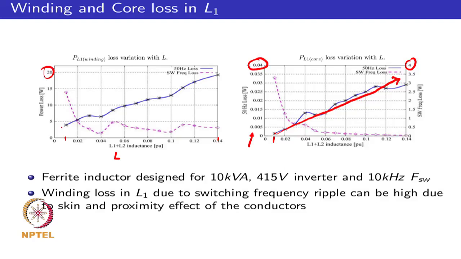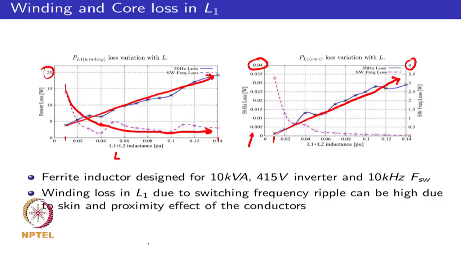If you look at the 50 hertz loss in the winding, it has again an increasing trend, whereas if you look at the switching ripple related loss, you would end up with a decreasing trend as you are increasing the value of L, and so the overall trend for the losses would be to select a value which tends to give you the lowest losses, which would lie in this range. Okay.